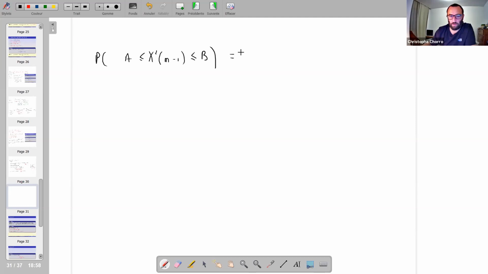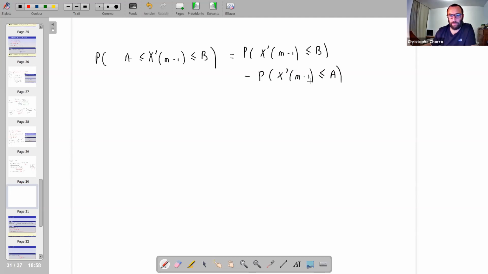It is the probability that my chi-square of parameter n minus 1 is less than B, minus the probability that it is less than A.